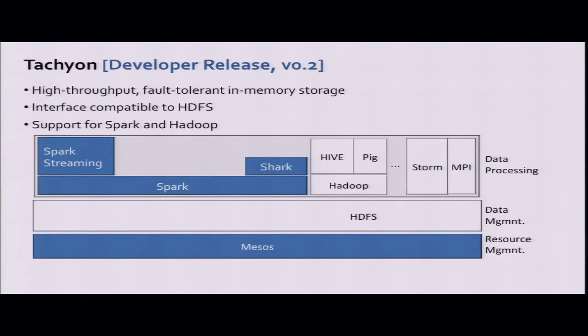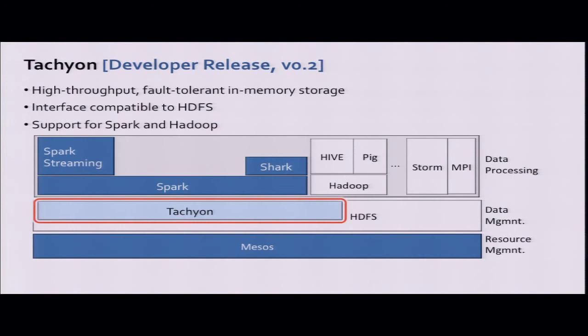Okay. The next component, as I go to the data management layer, is called Tachyon. I told you a little bit about RDDs, this storage abstraction for memory. Right now that abstraction sits within Spark. So if you have multiple Spark instances which operate on the same data, each instance will take that data and store it in memory.